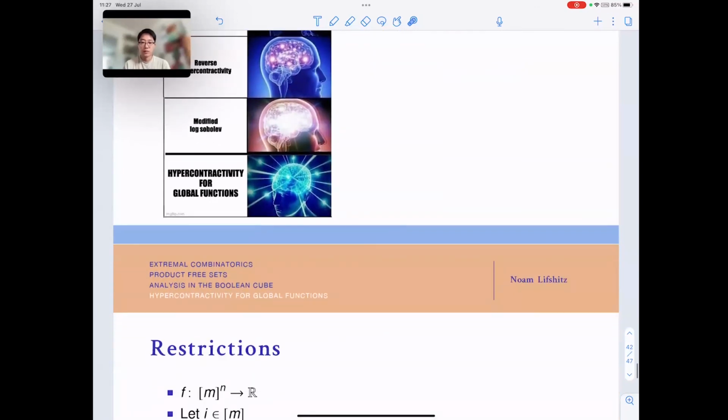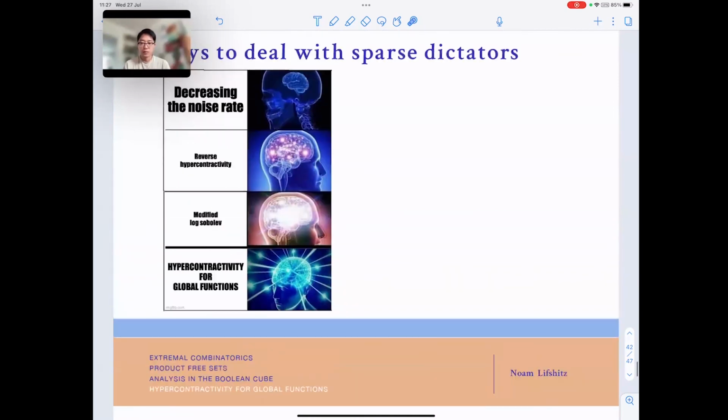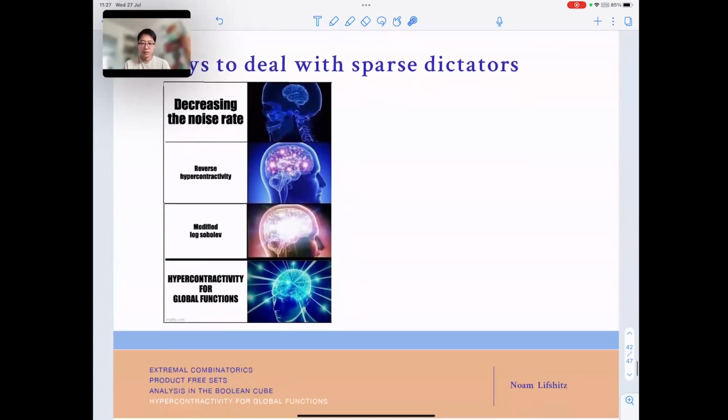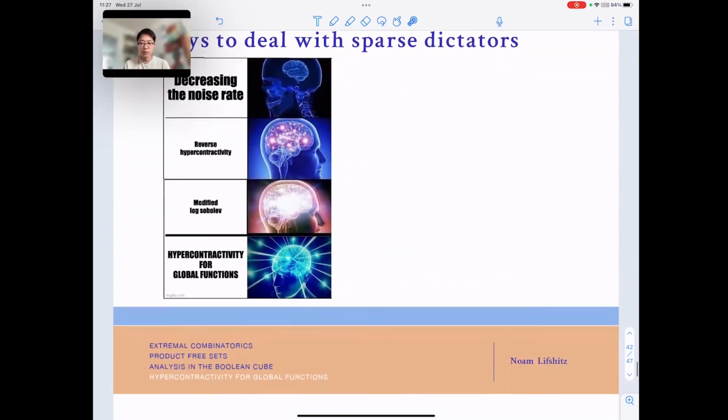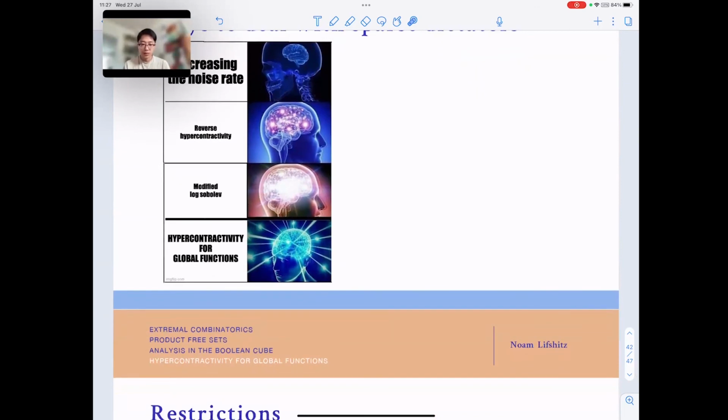And hypercontractivity for global functions is the new thing, the new way of dealing with these sparse dictators and getting basically all the consequences of hypercontractivity for the functions that don't look like dictators.